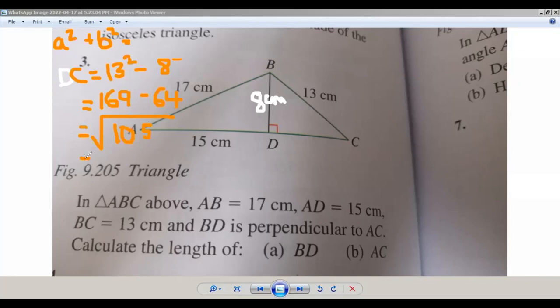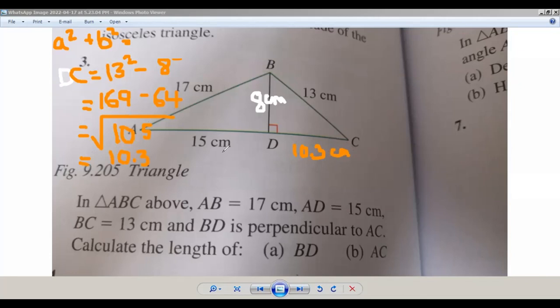And the square root of 105 is 10.25. Let's call it 10.3. I didn't actually specify how many decimal places. So this is 10.3 centimeters.